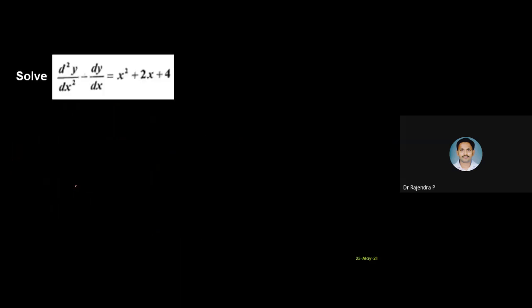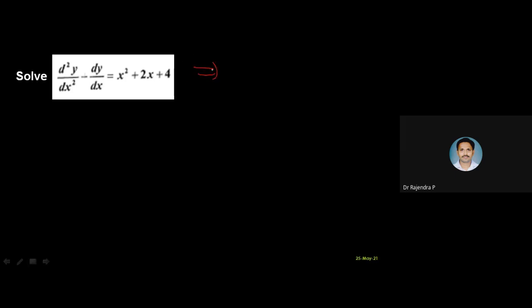Yeah, it is a very good problem. So what is this problem? D square y by dx square minus dy by dx is equal to x square plus 2x plus 4.